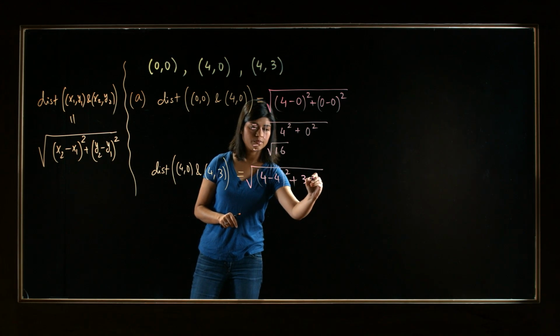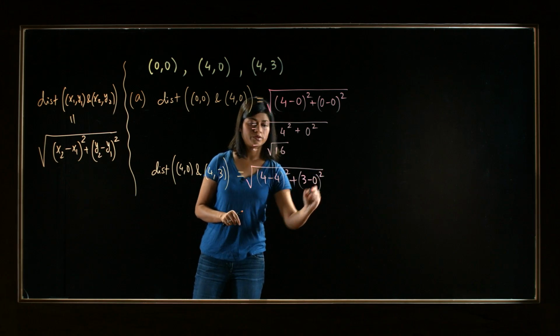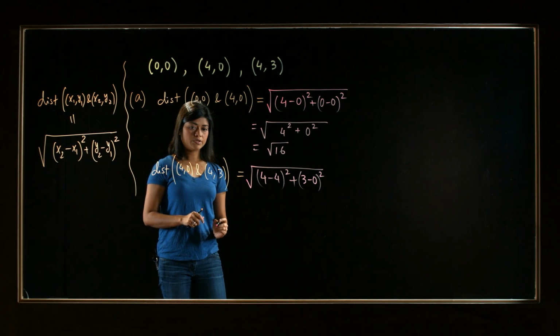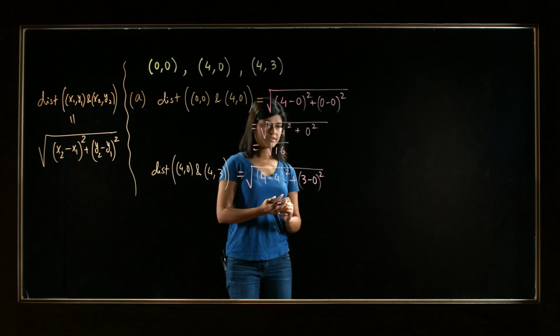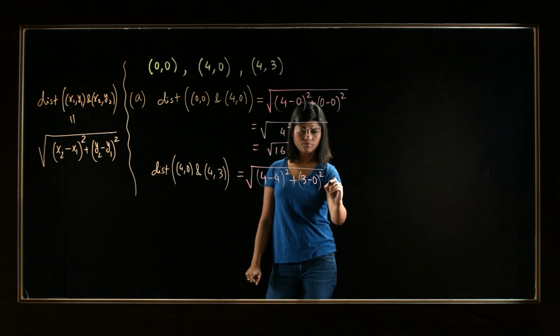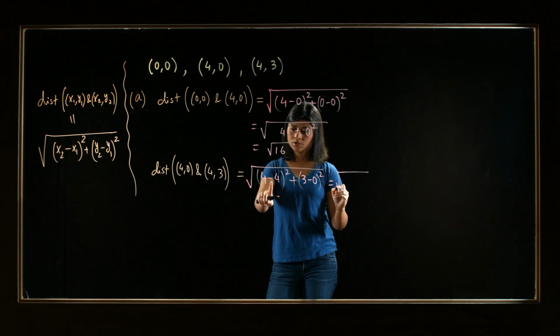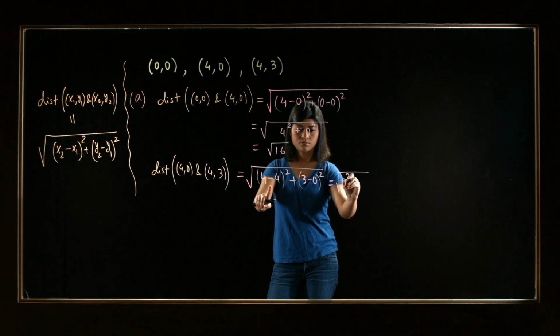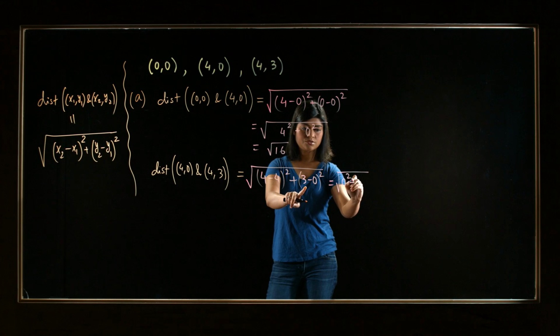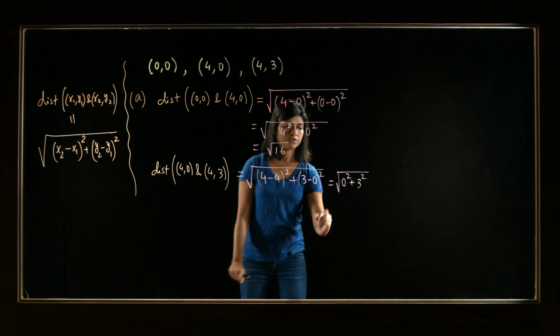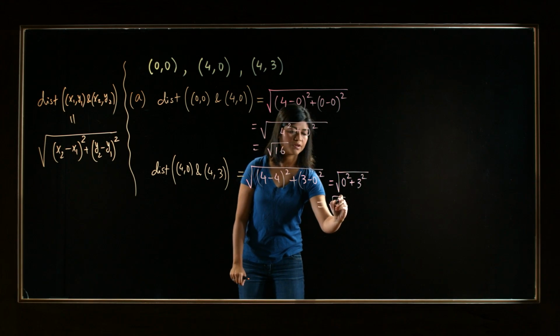So 3 minus 0 square. Okay, now that is equal to, 4 minus 4 is 0, and 3 minus 0 is 3. So this is square root of 9.